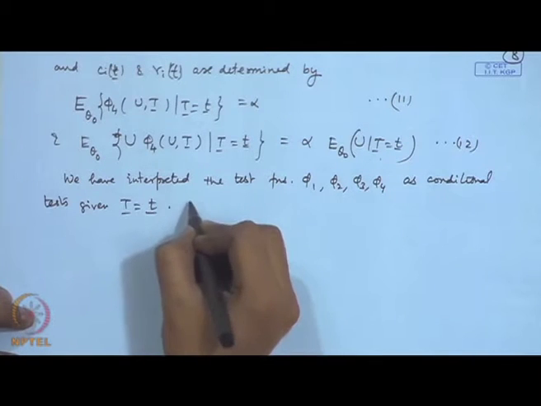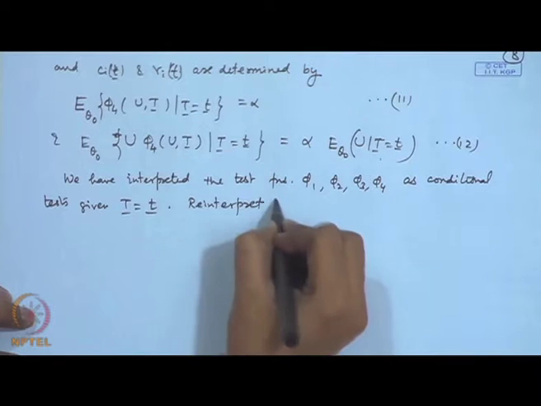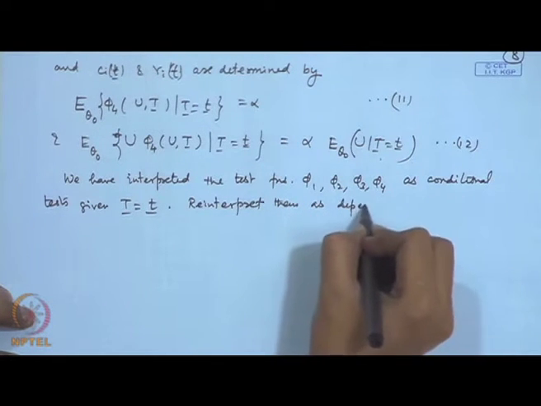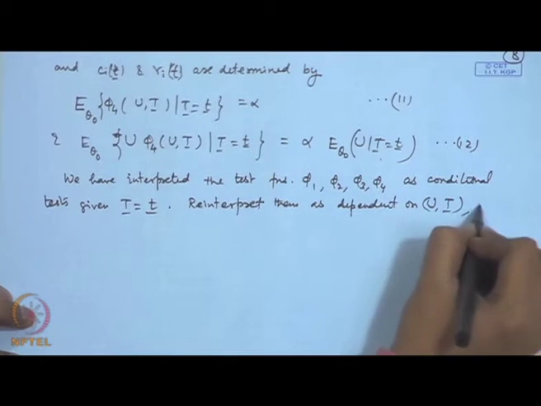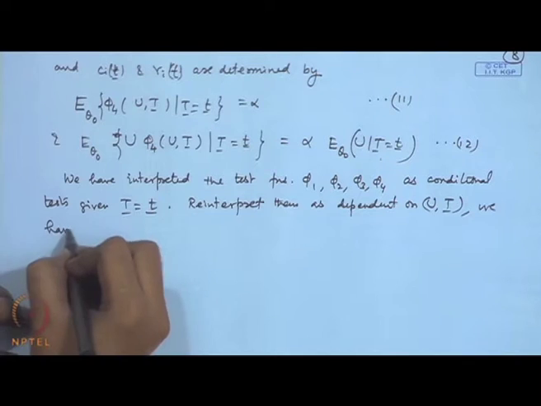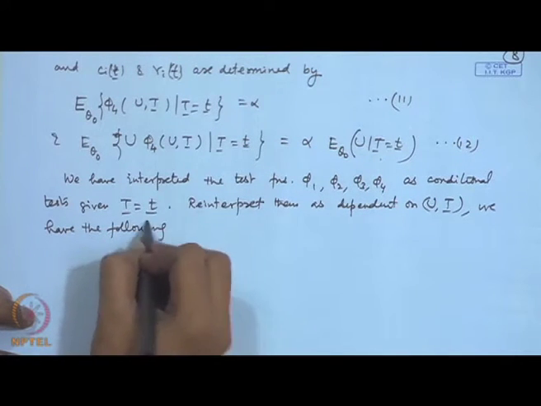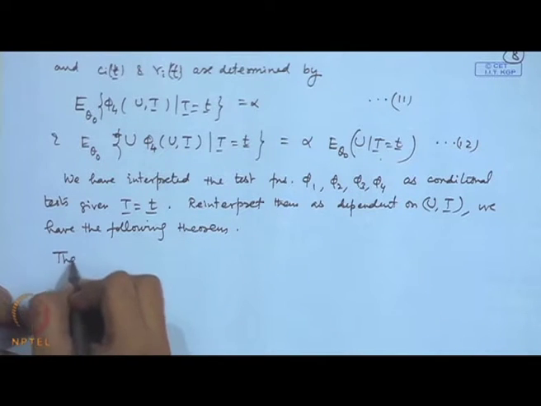Now, we reinterpret them as dependent on (u, t). We have the following theorem. I will call it theorem 2, say.